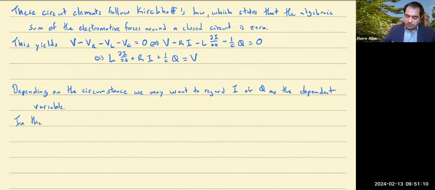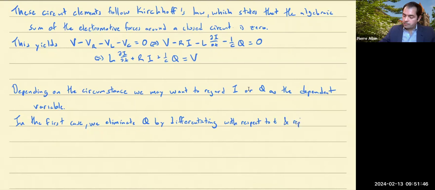In the first case, if we want to think of I as being the dependent variable and this as being an equation for I, then we eliminate Q by differentiating both sides of the equation with respect to t, and replacing dq/dt by I. So that turns this equation into L times the second derivative of I with respect to t plus R times the first derivative of I with respect to t plus 1 over C times I. And on the right-hand side, we end up with the derivative of V with respect to t.